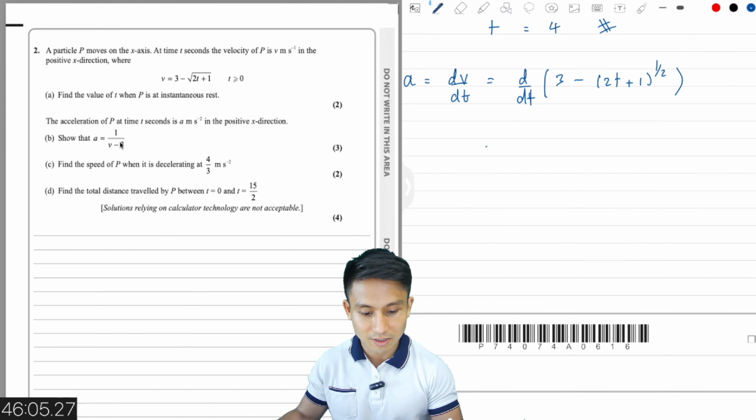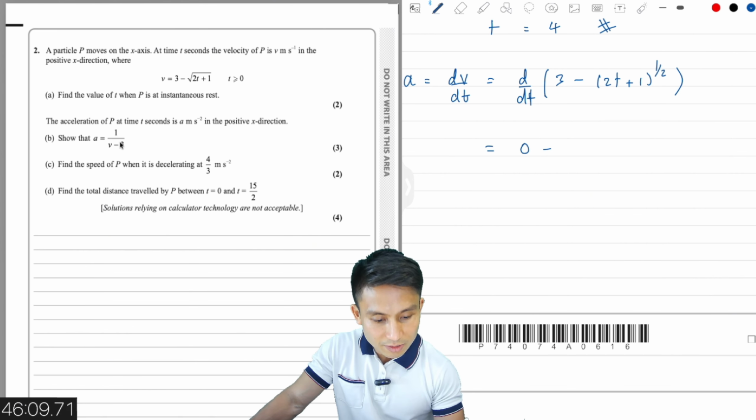So this is basically 0 minus 1 over 2, (2t plus 1) to the power of minus 1/2, and then times 2 outside. So the 2s cancel. I get a minus.